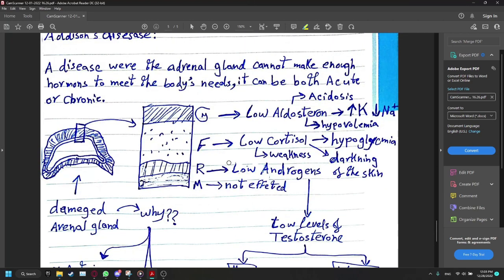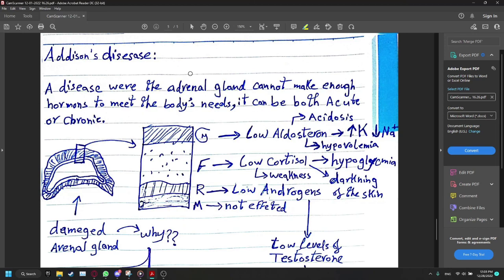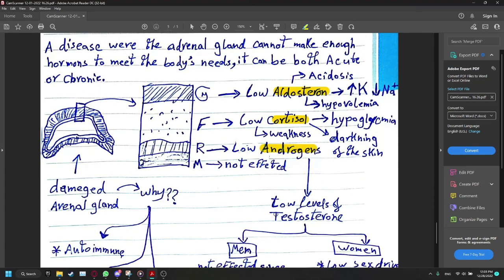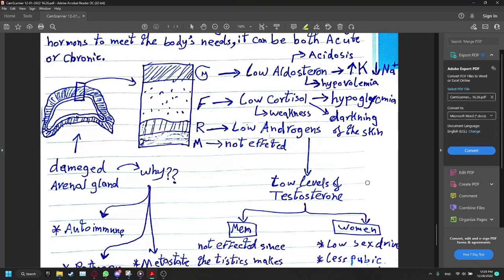The treatment for Addison disease would be medications that meet the body's needs, like aldosterone and cortisol pills, and even testosterone pills for females if they need them.